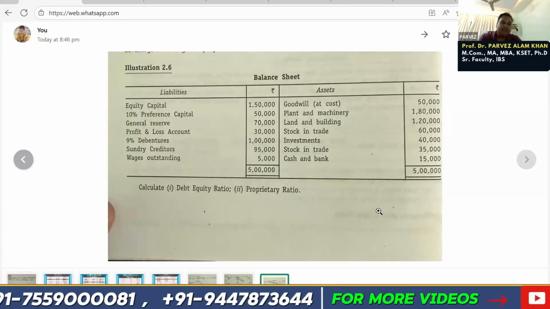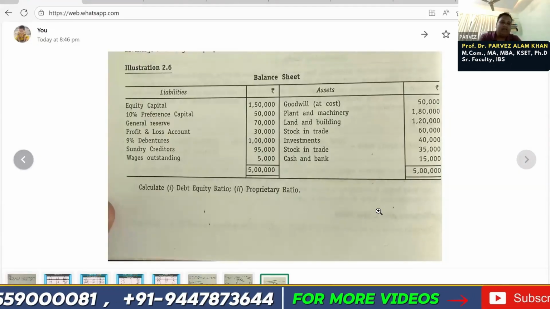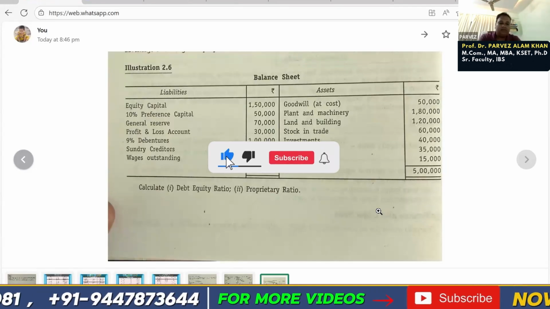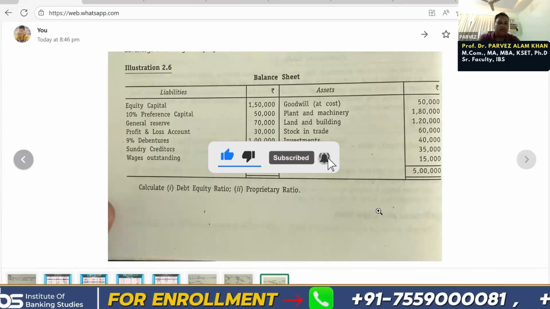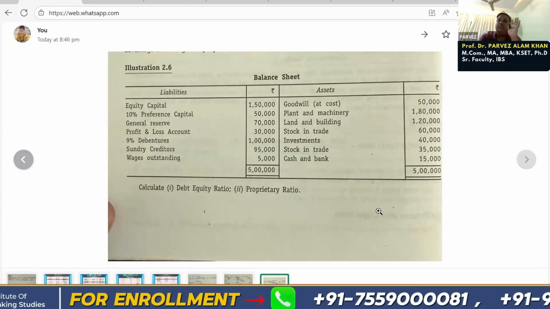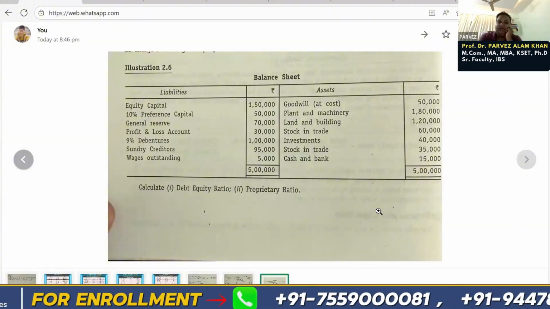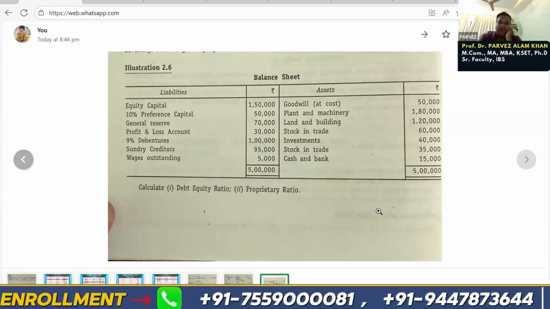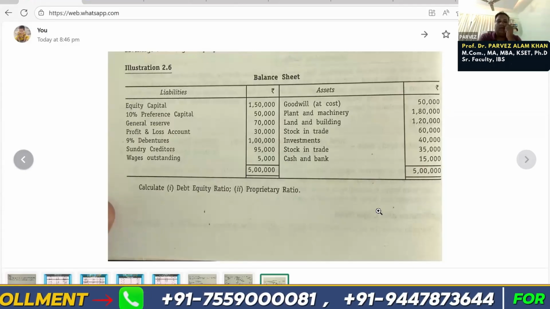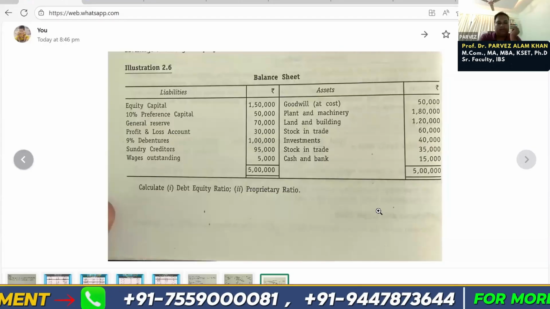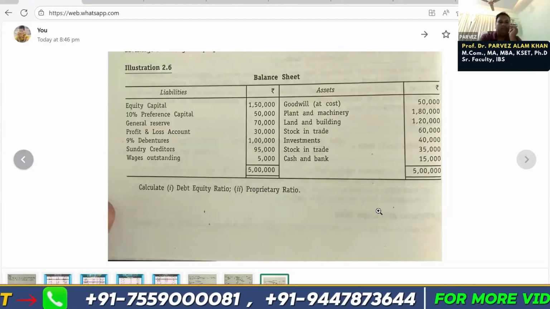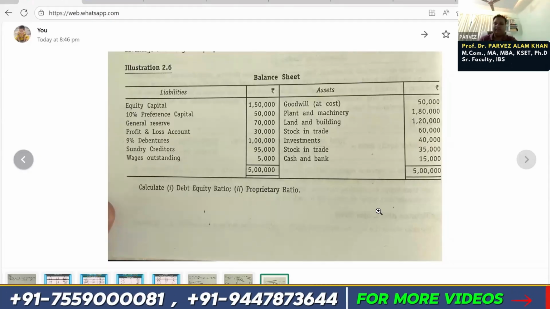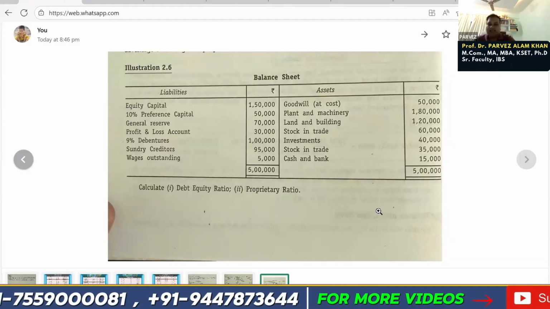So now in this question, first we have to find out debt equity ratio. So for debt equity ratio, first what we need in numerator? Debenture or loan, right? So tell me how much debenture you will take? 1 lakh. That is clear, right?